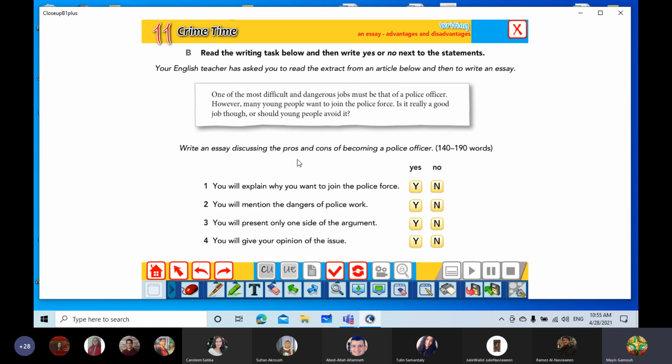Write an essay discussing the pros and cons, the advantages and disadvantages of becoming a police officer. So here our topic is becoming a police officer. Now I'd like a student to read the extract for me and answer number 1.